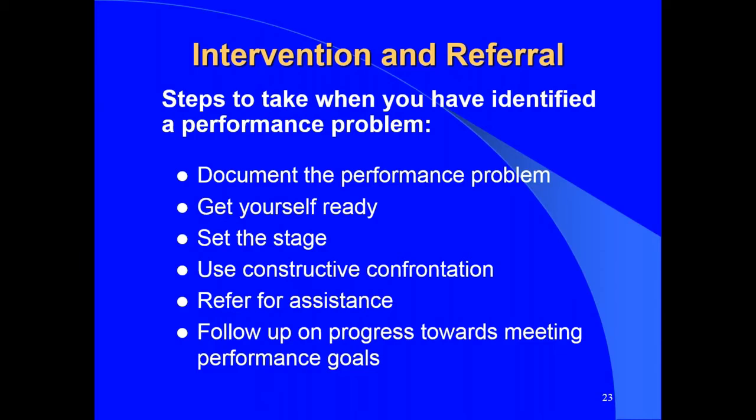When we're thinking about intervention and referral, are we going to have an EAP program? Are we going to terminate? Are we going to simply suspend an employee? They go home, they have to seek help on their own. So you want to think about this, and how far you're going to go.